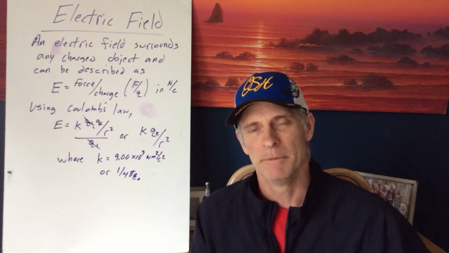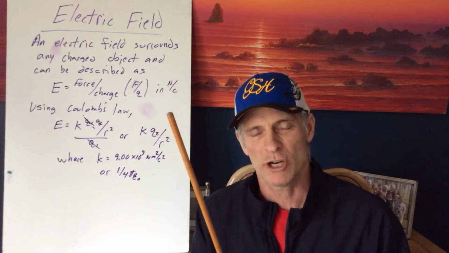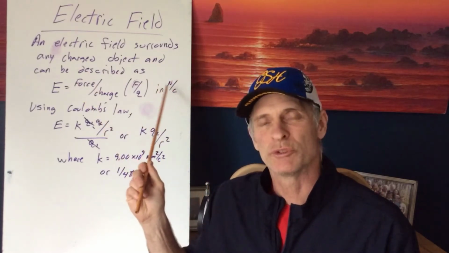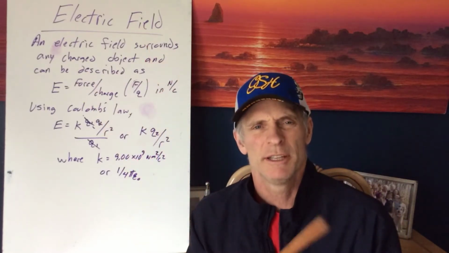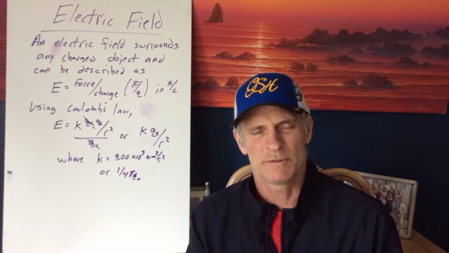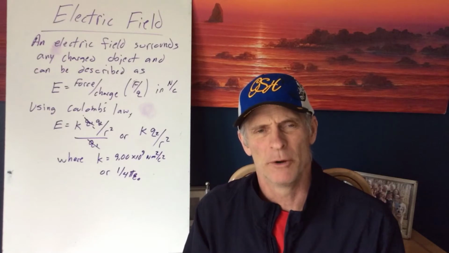For the meantime, we're going to express force per charge as newtons per coulomb. But you'll see in another lesson why electric field can be expressed in different units. I'll go over that tomorrow. But for now, let's just assume that we know that A, electric fields surround any point charges whatsoever.